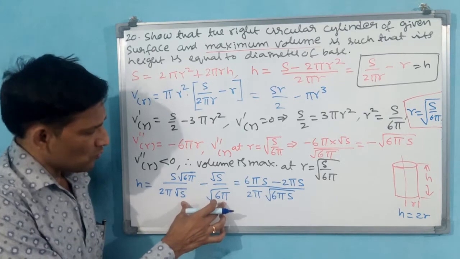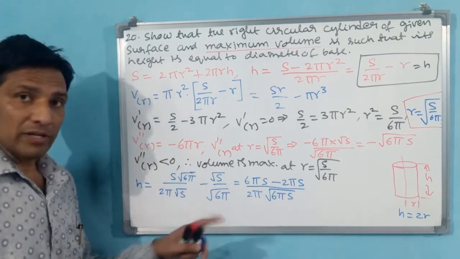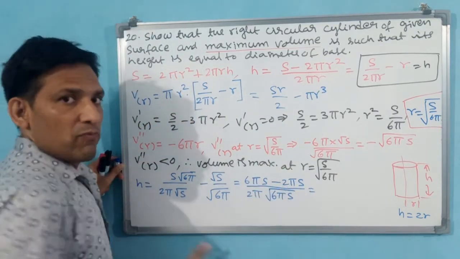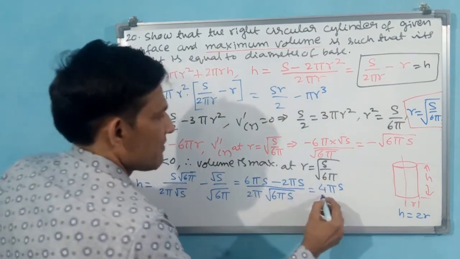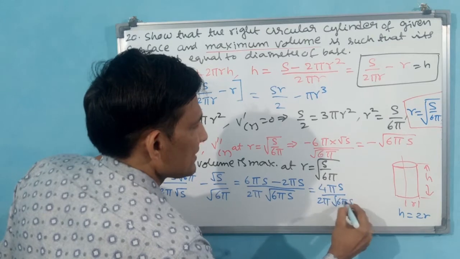That is why inside the root you keep all this, 6 pi s, and 2 pi is outside. Now you come here: 6 pi s minus 2 pi s is 4 pi s, divided by 2 pi into square root of 6 pi s.